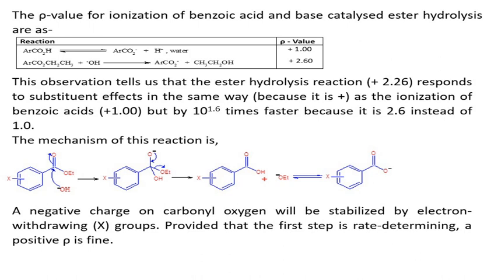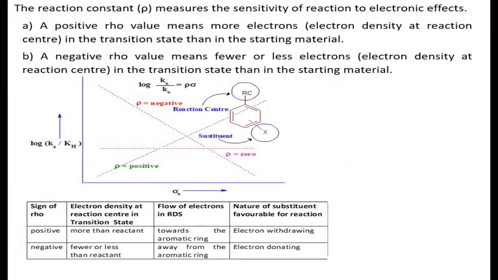That is, this result is expected when the electron density increases from reactant to the intermediate. A positive rho is fine. The reaction constant rho measures the sensitivity of the reaction to electronic effects.